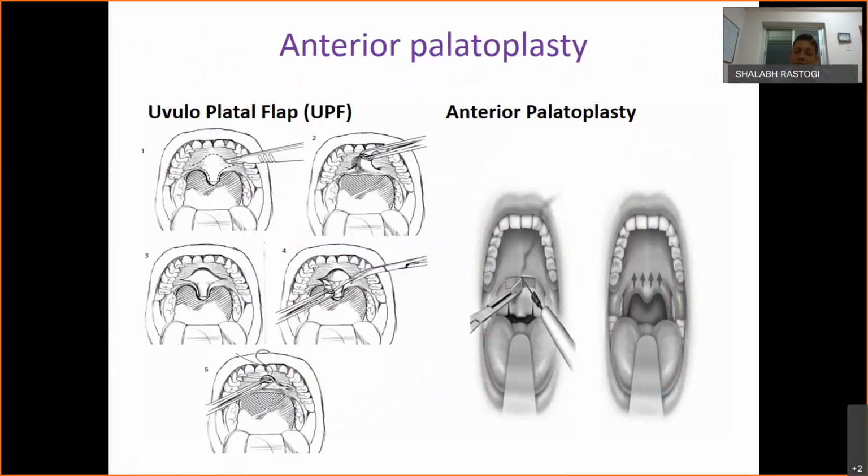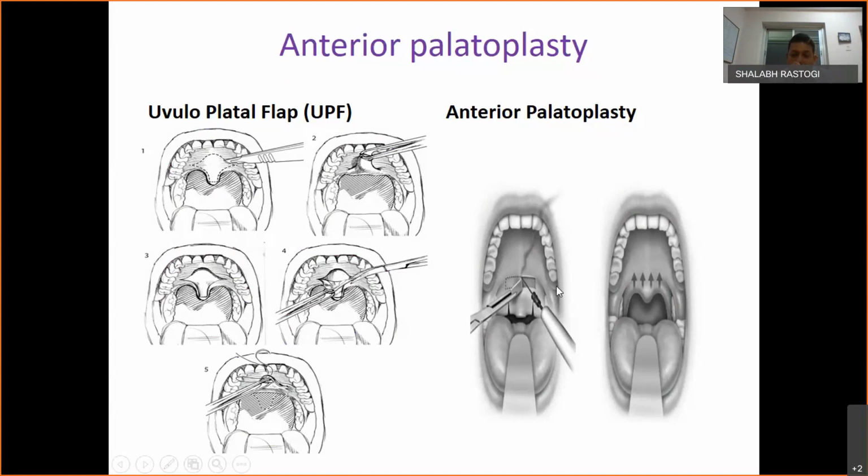Other anteroposterior dimension procedures are the uvulopalatal flap, in which we make a rhomboid incision and then stitch it over. The advantage is that it's a reversible procedure, and if the patient has velopharyngeal insufficiency, we can reverse this procedure.